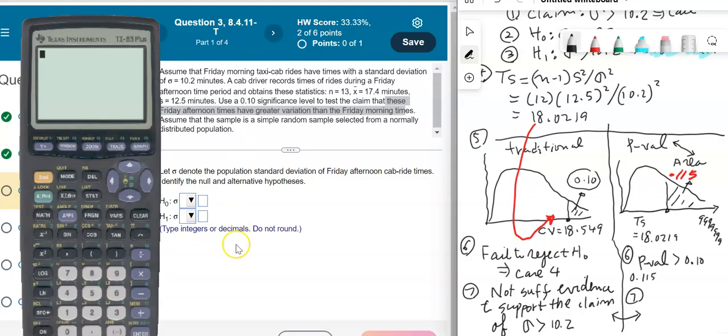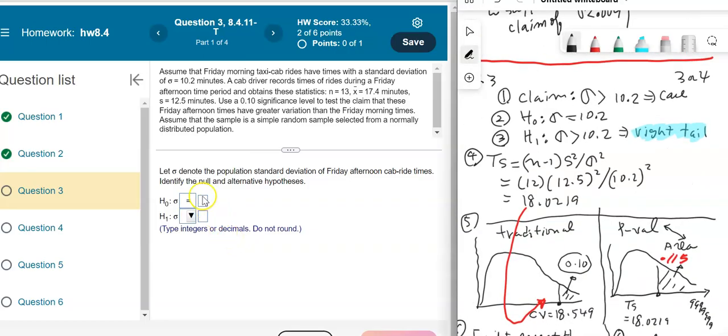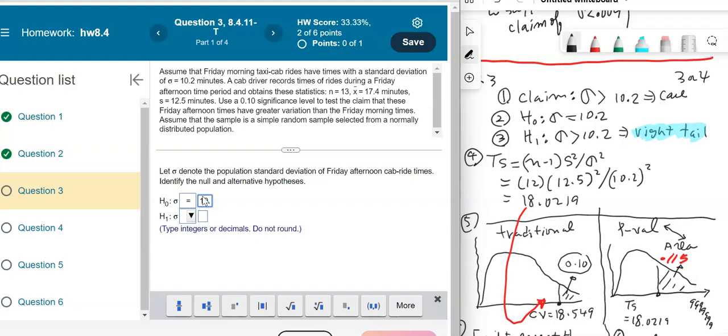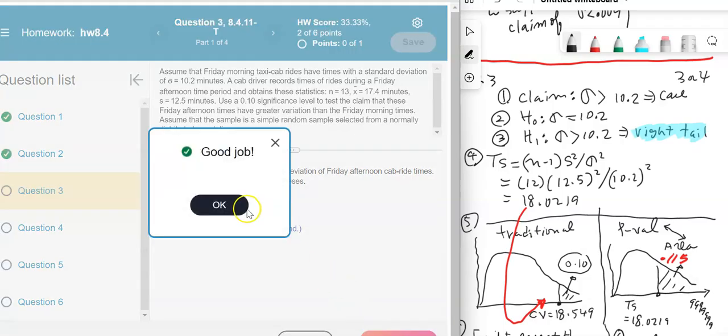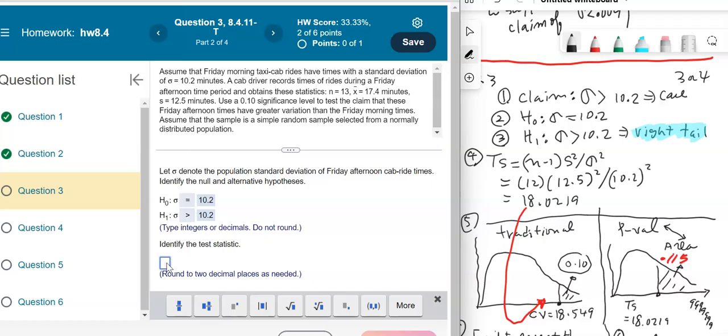So now let's answer it. So null is equal to 10.2. Okay. And then this is greater than 10.2. Okay, check answer. And then test statistic, I have it. So test statistic rounded to 2 decimals is 18.02.